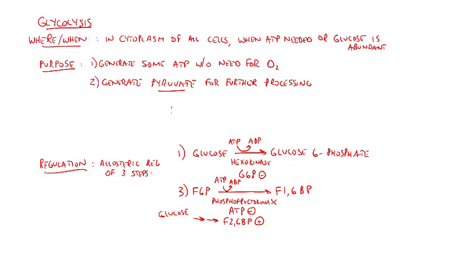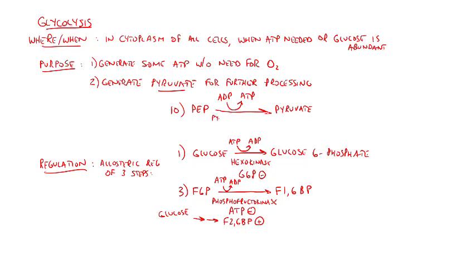The third regulated step I'm going to put up above because I'm running out of space. That's reaction 10 of glycolysis. That's when we take this intermediate called PEP, phosphoenol pyruvate, convert that into pyruvate, and in the process ATP is synthesized.